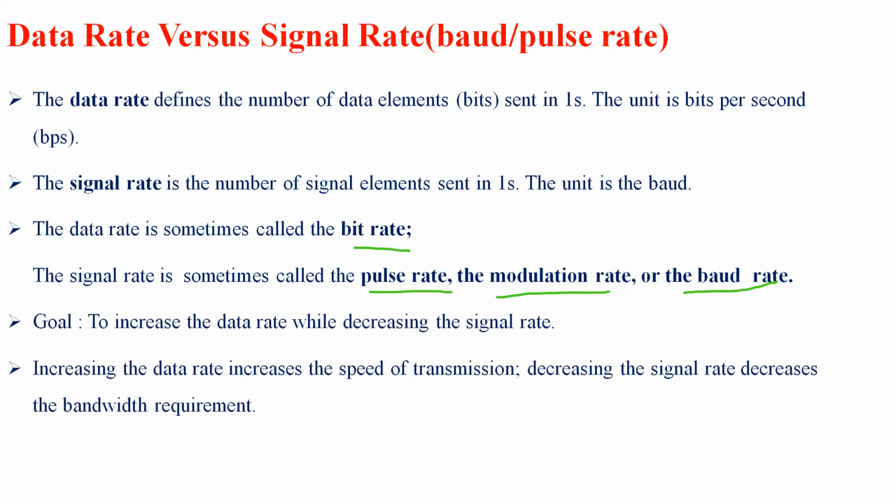By increasing the data rate, it eventually increases the speed of transmission, and by decreasing the signal rate, it eventually decreases the bandwidth.